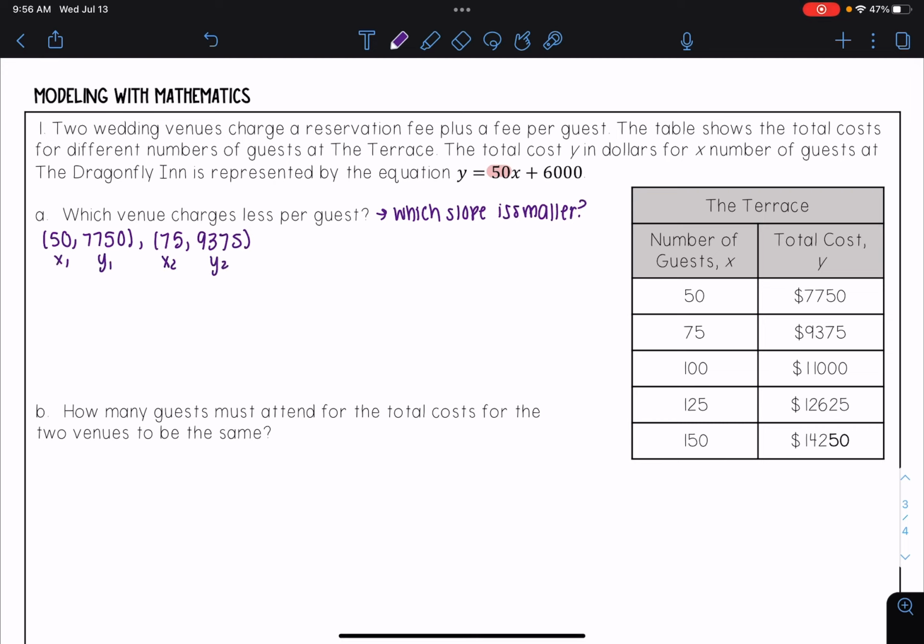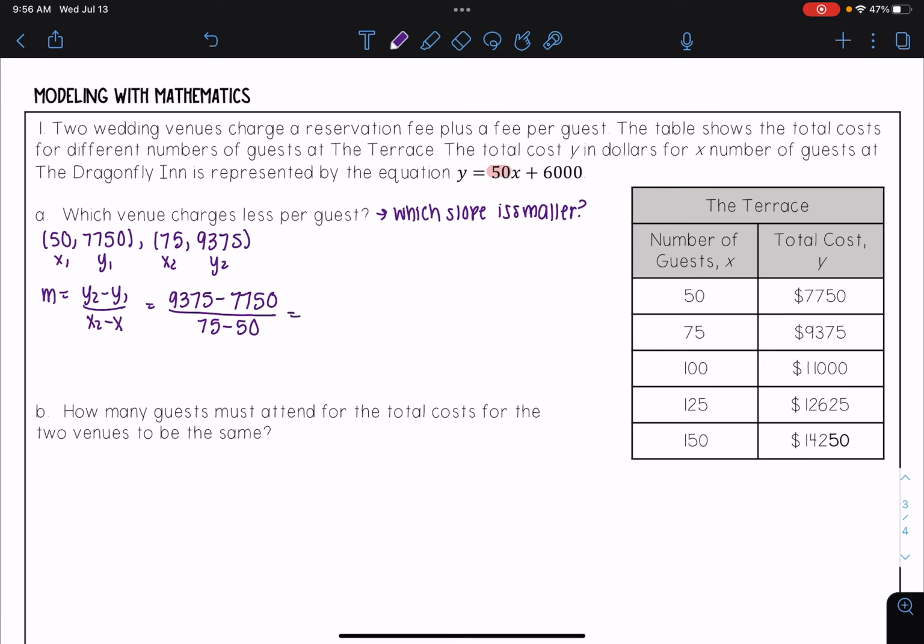And so I'm going to use my slope formula to find the slope of this. So it's going to be m equals y2 minus y1 over x2 minus x1. So I have 93.75 minus 77.50 over 75 minus 50.